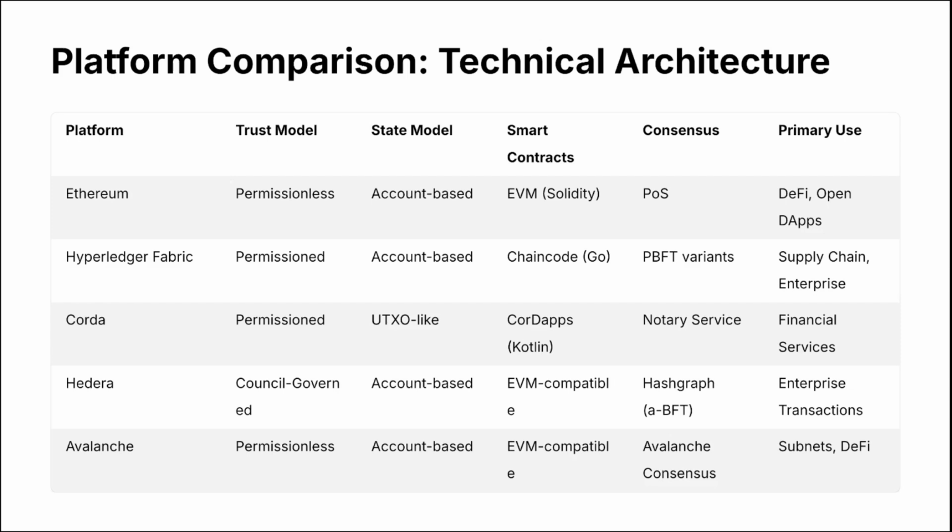It uses its own Avalanche consensus protocol, which supports high throughput and flexible subnet configuration. So as you can see, each platform here reflects a different balance of trust, performance, scalability, and governance, which needs to be tailored to the target use cases. But those top two are, I would say, the more popular ones.